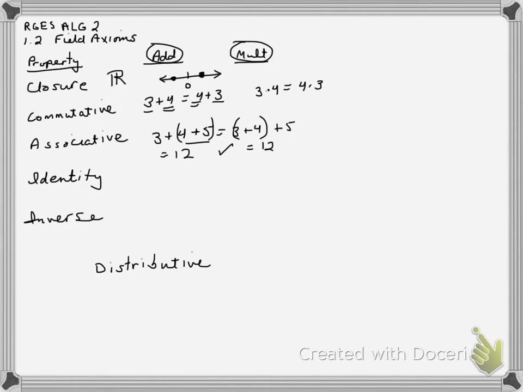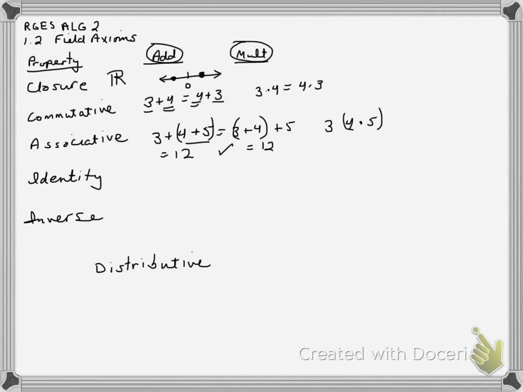Now, for multiplication, you could probably already anticipate what I'm going to do here. I'm going to have 3, 4, 5. I'm going to first multiply the second two, and then multiply it by the first.